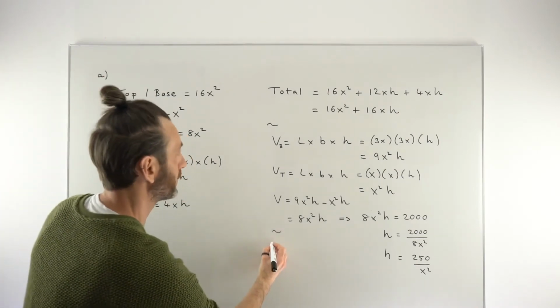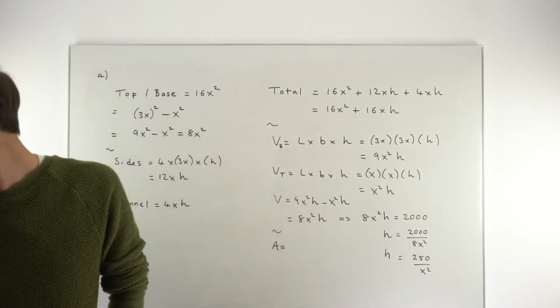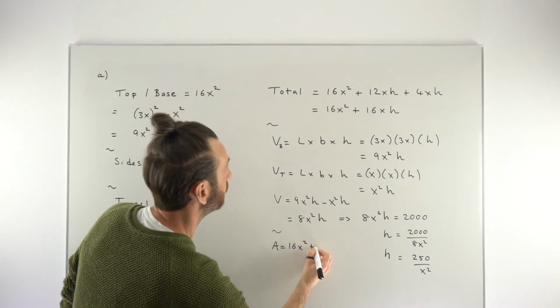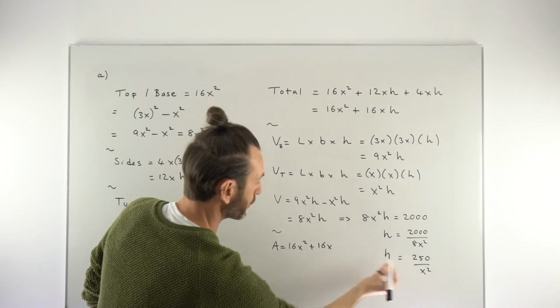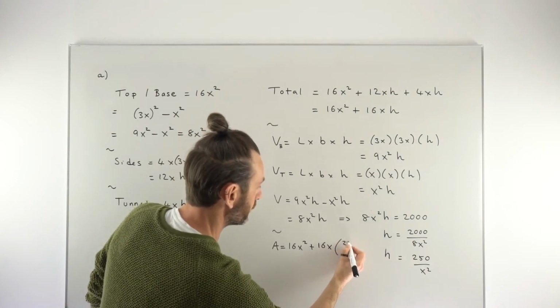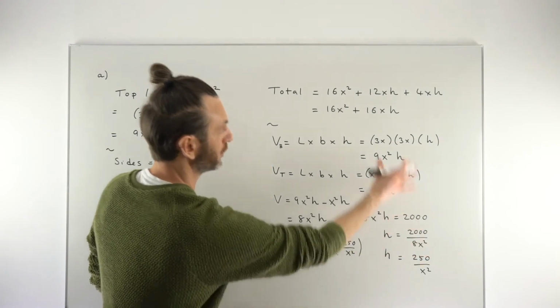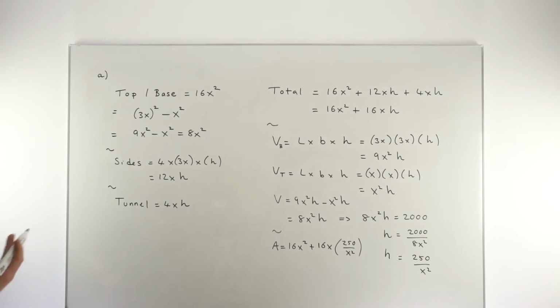So that tells us that the surface area, which we'll call A, is 16x squared plus 16x times our new version of h, if you like, which is 250 over x squared. So you're kind of merging your two separate pieces of work in, which again, I appreciate is not easy. This is a calculator question.